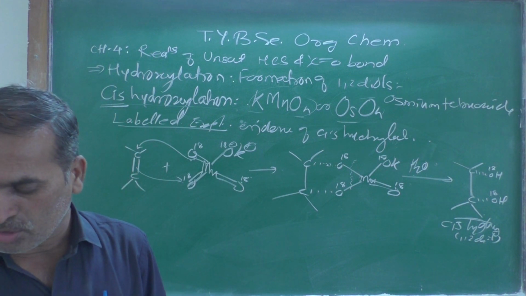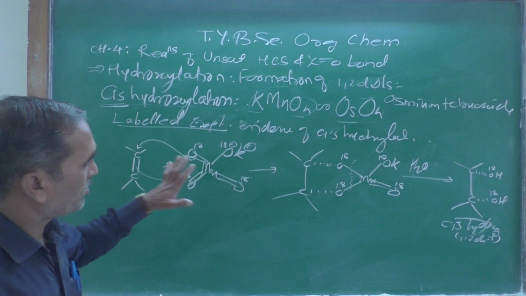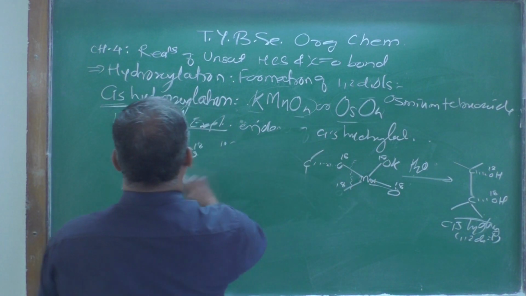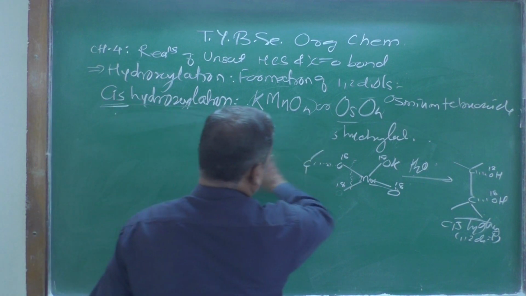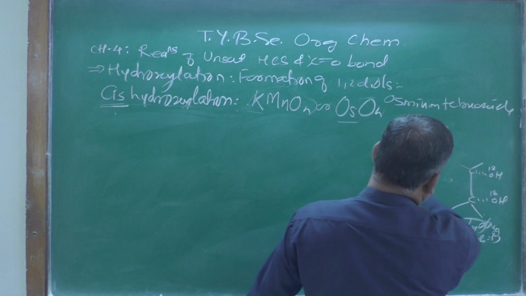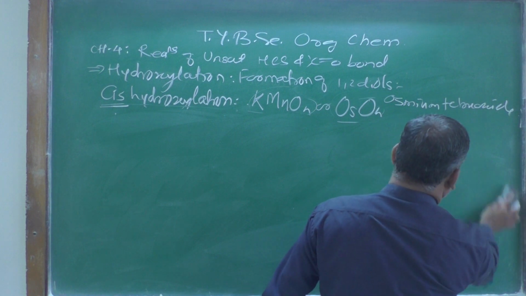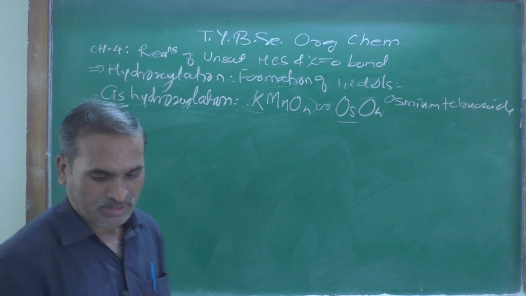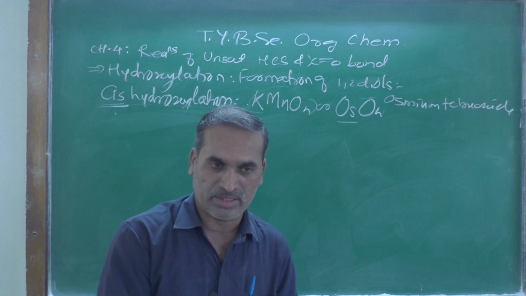Now let us move on to the next point. What is the point we are going to learn here? Let us see one more example. Now you can predict the product very easily, right? Because we know the mechanism.